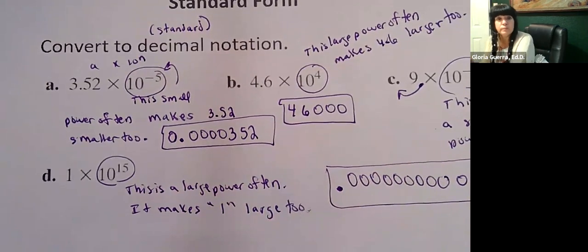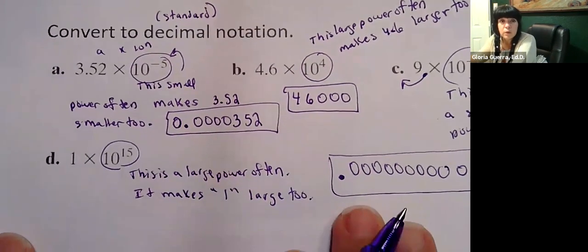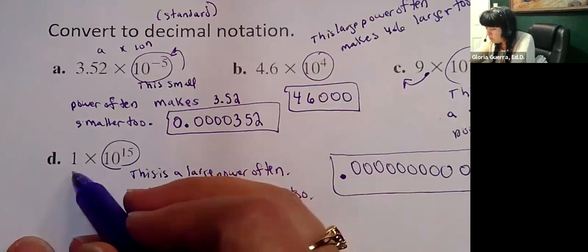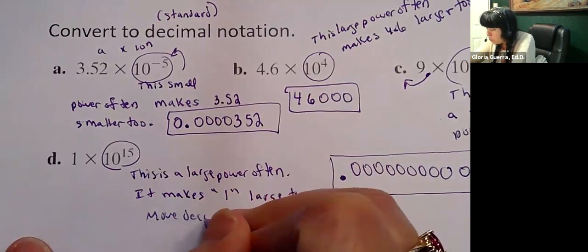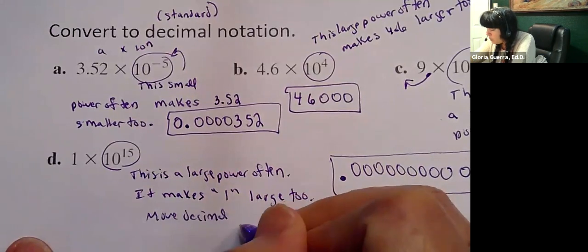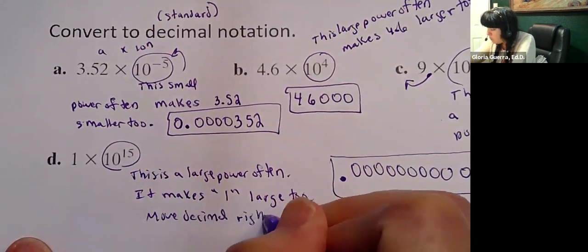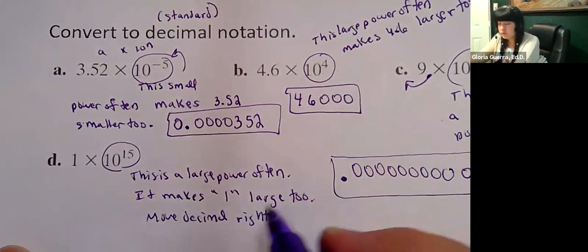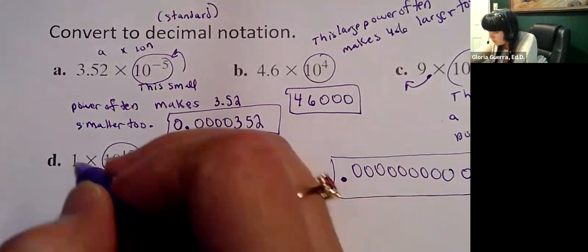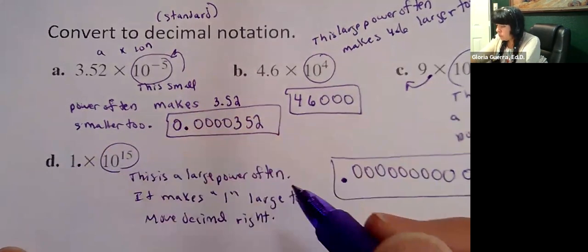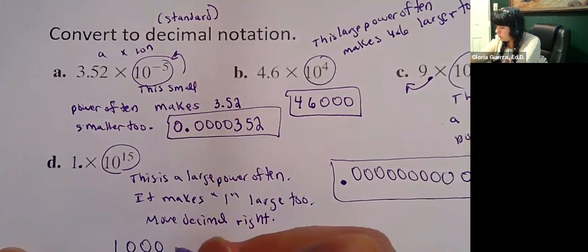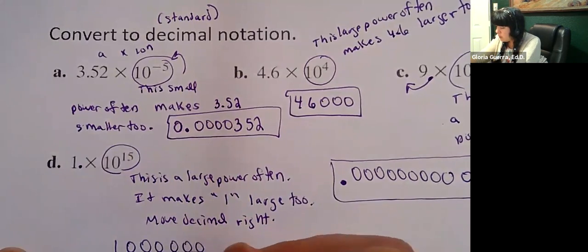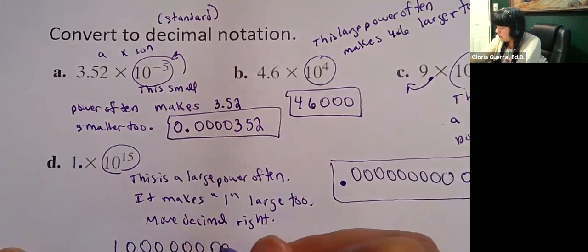Okay. So the only way to make this large is to move your decimal right that many times, 15 times. So your decimal is right here. So you have 1, 2, 3, 4, 5, 6, 7, 8, 9.